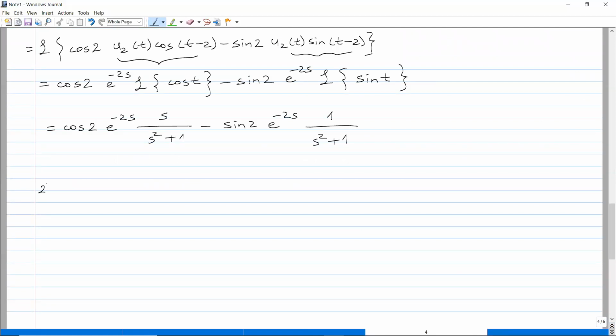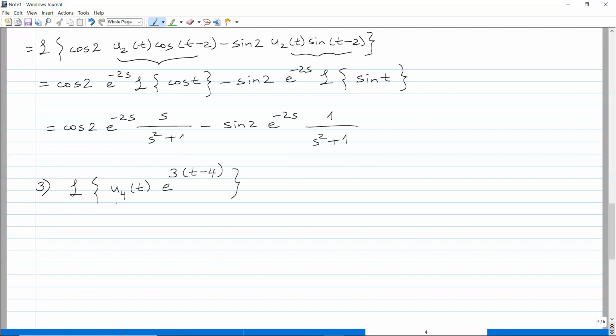As another example, I guess this is example 3. What is the Laplace transform of u4 of t times e to the power 3t minus 4?